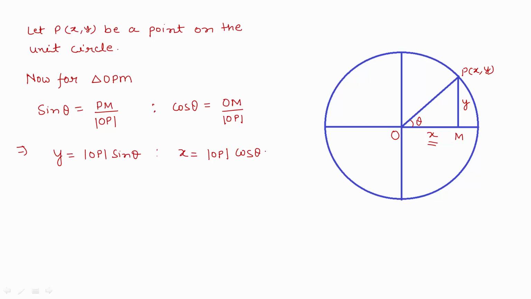Now because this is the unit circle, OP being the radius of the unit circle, therefore OP is equal to 1. Unit circle means the radius of the circle is equal to 1.